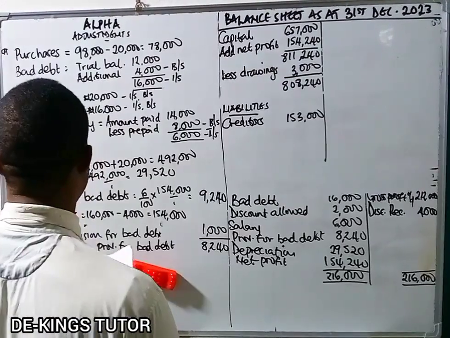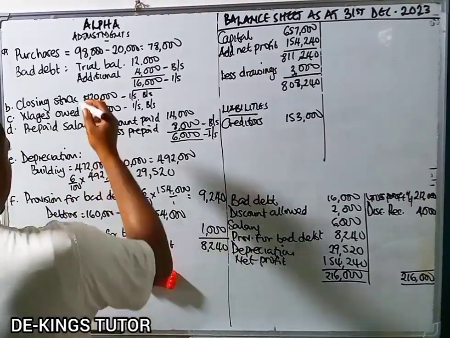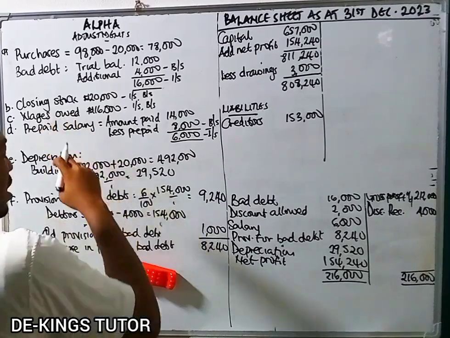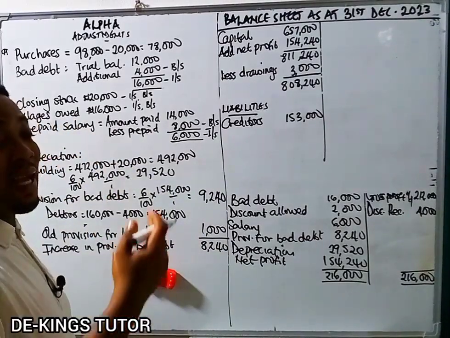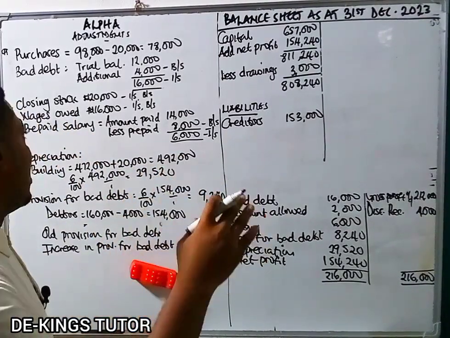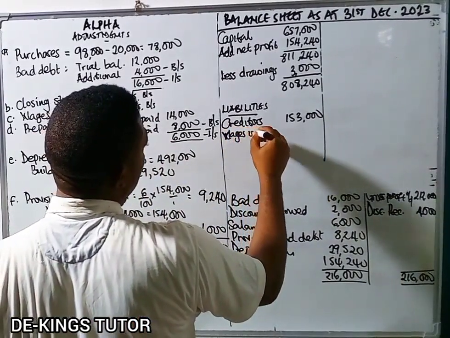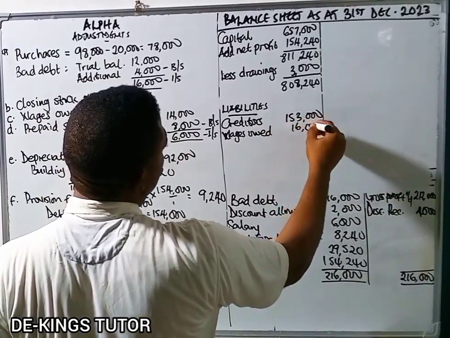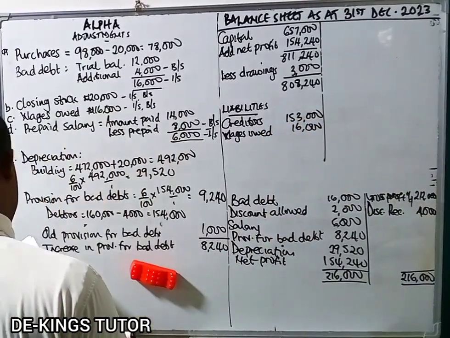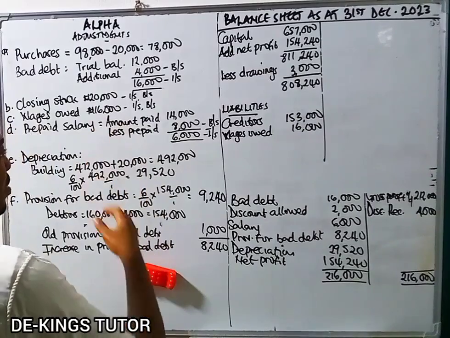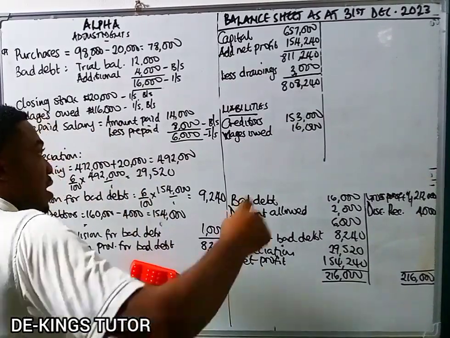Now let's check the additional information. Remember, wages owed: wages is an expense, owed is accrued, so accrued expense is a liability. So wages owed is 16,000. That is the only other liability that we post there.